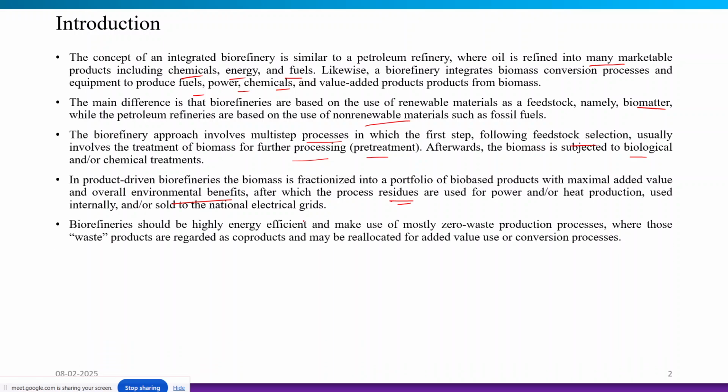When we are considering the biorefinery, it should be highly energy efficient and make use of mostly zero waste production processes, where waste products are regarded as co-products and may be relocated for value-added use or conversion processes.